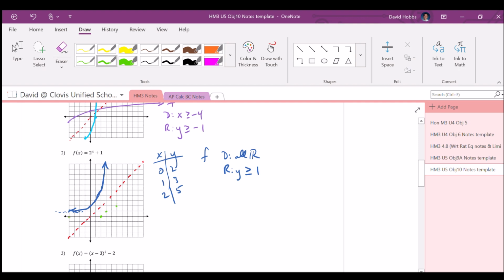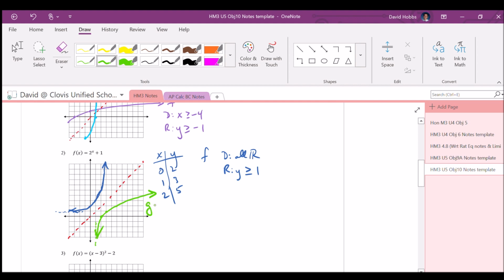And remember our horizontal asymptote, y equals 1? Well, x equals 1 becomes a vertical asymptote. And so something like this, okay?